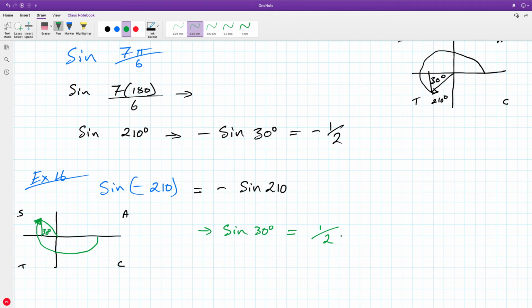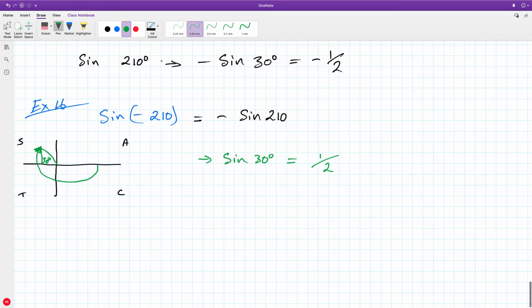Right, I want you to go one of these. The tan of minus 60 degrees.